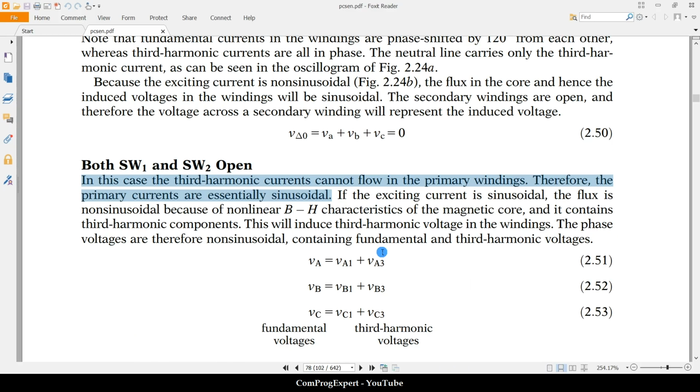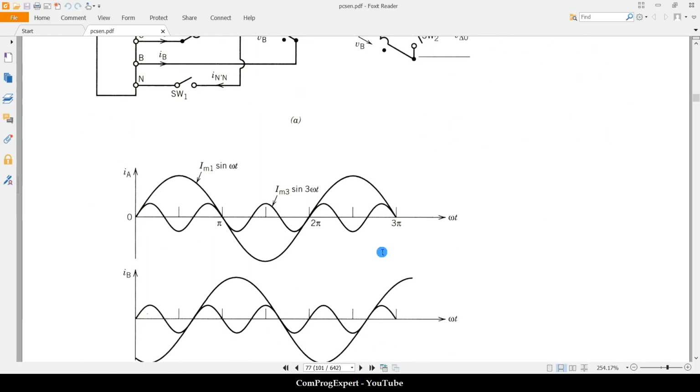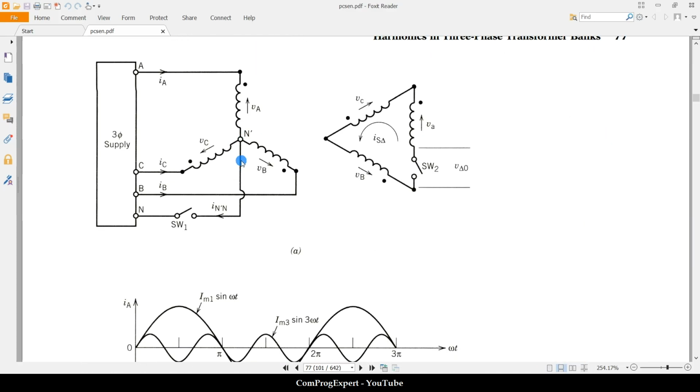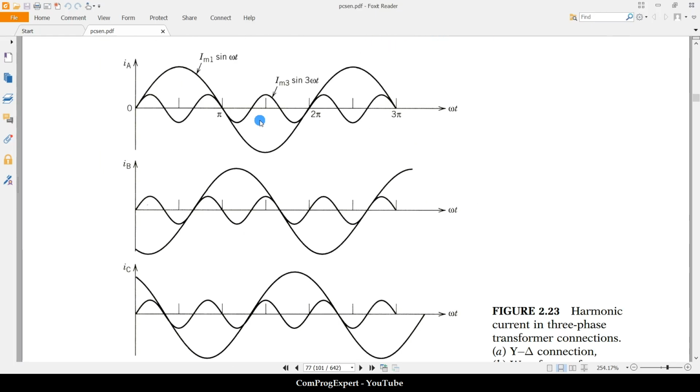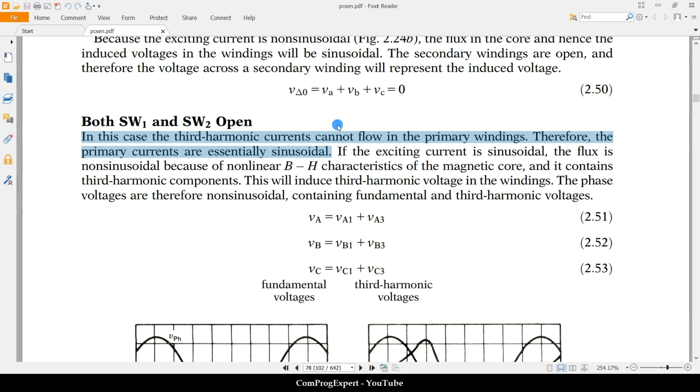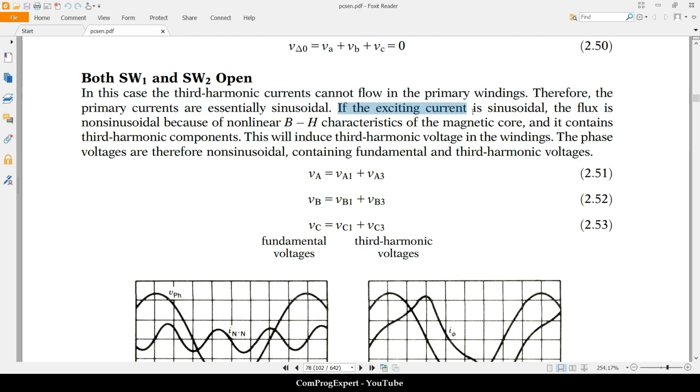Yes, the third harmonics are in the same phase, and because we open this switch, we actually force the third harmonic of the current to be 0 for the primary coils. In this case, if the exciting current is sinusoidal, the flux in the core is non-sinusoidal because of the nonlinear characteristic of the magnetic core.